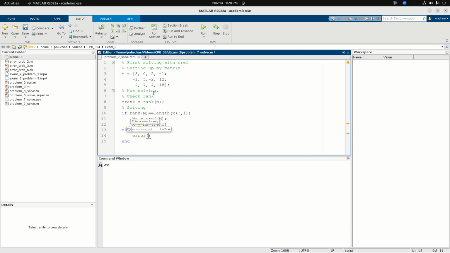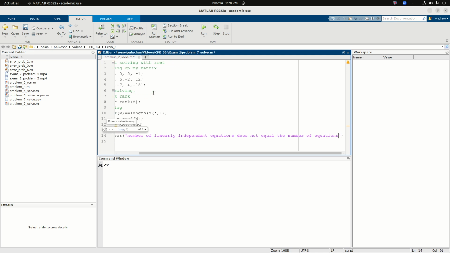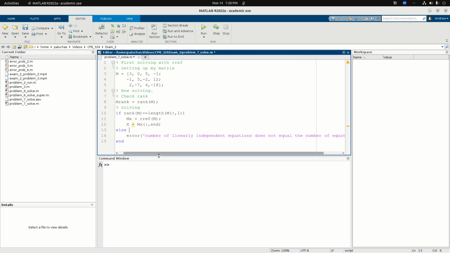So let me give an error: number of linearly independent equations does not equal the number of equations. Okay, and in this case we had 3 equations with 3 unknowns, so it'd be the same as checking to see if the number of equations is equal to the number of unknowns.